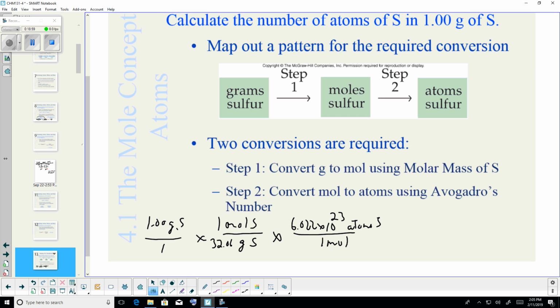You see the moles cancel, the grams cancel, I'm left with atoms. So it's 1 times 6.022 times 10 to the 23rd divided by 32. The answer is 1.88 times 10 to the 22nd.